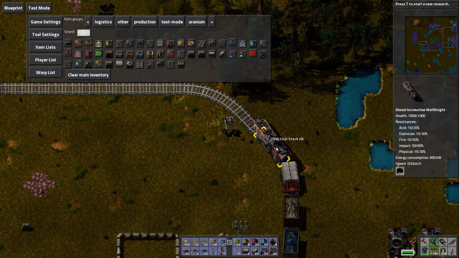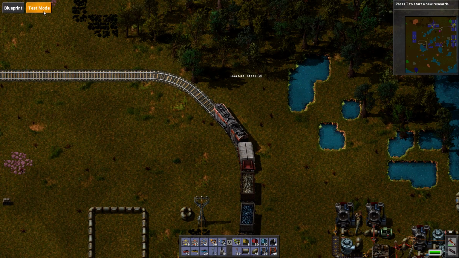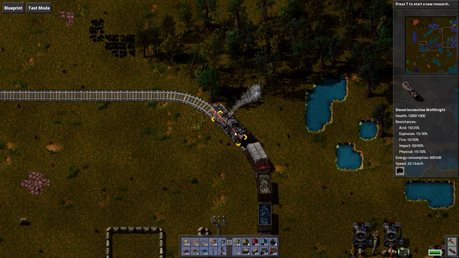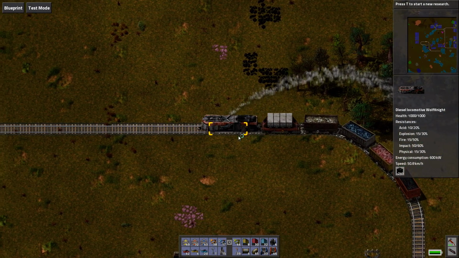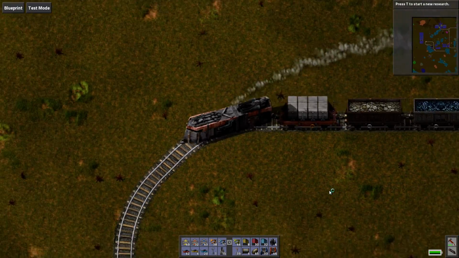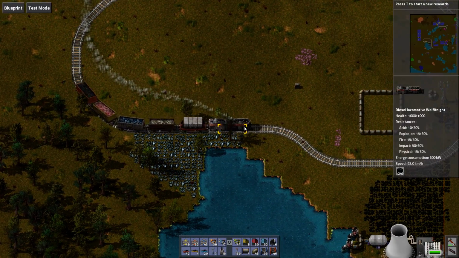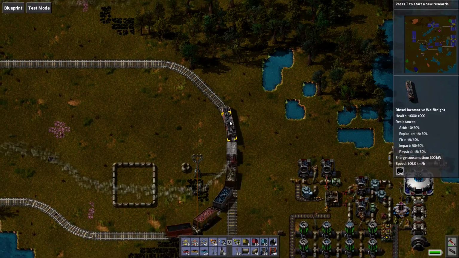Okay, let's see how beastly this was. So remember that was like 74? Let's see how fast it will be. See, it connects as well. 90 something.